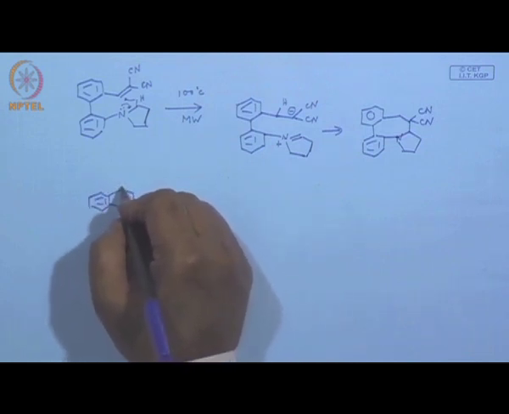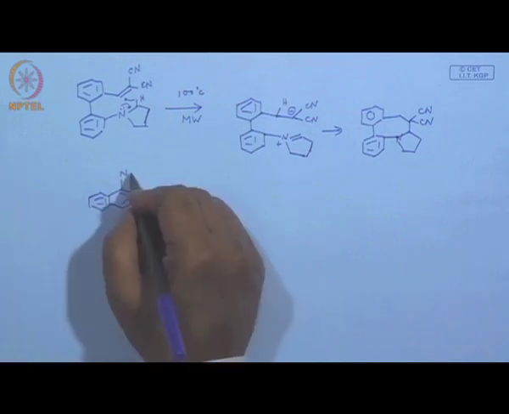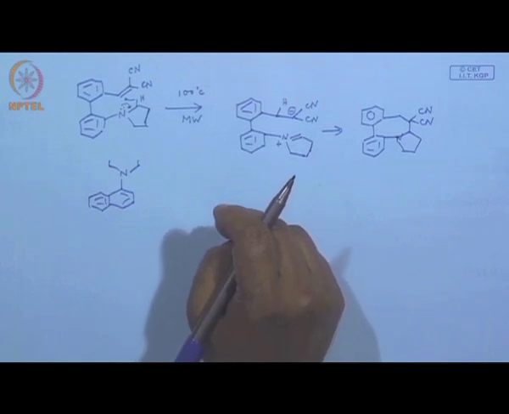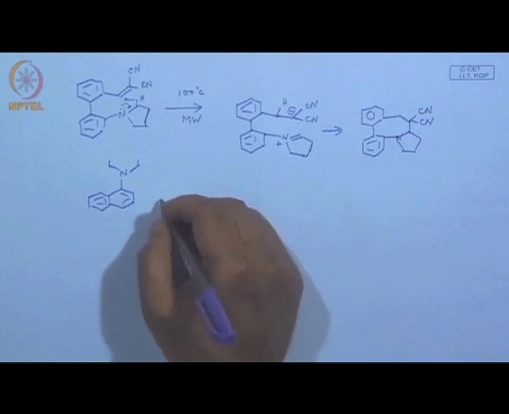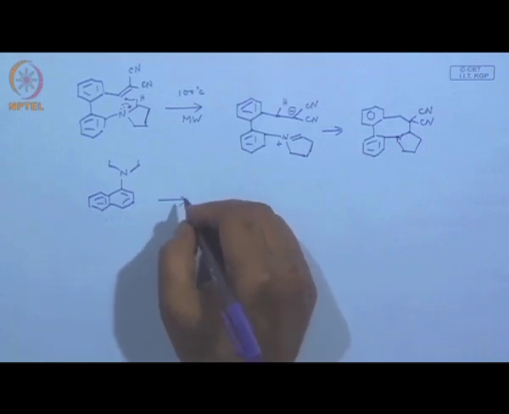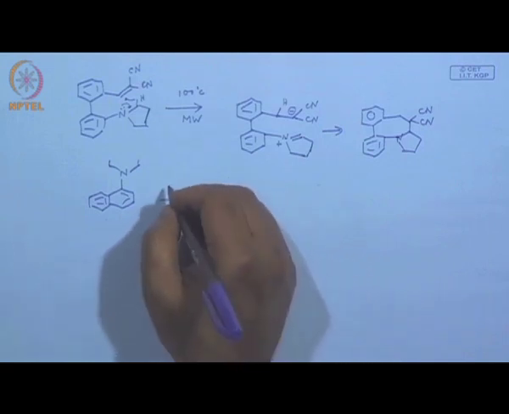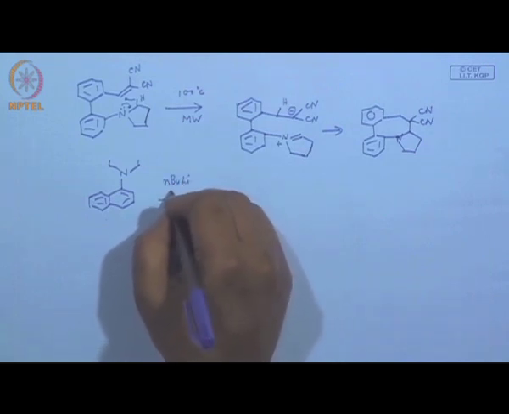You can start with a disubstituted naphthylamine, and then treat this with butyl lithium and DMF.